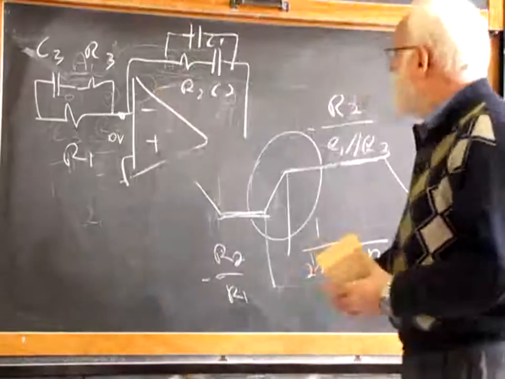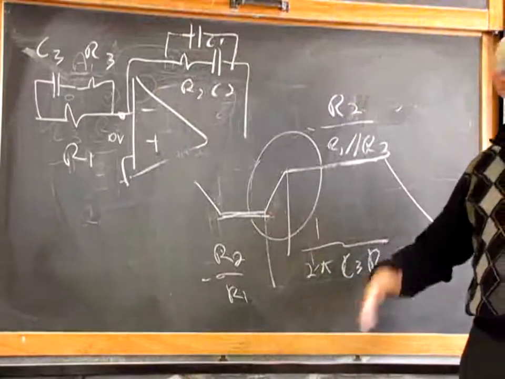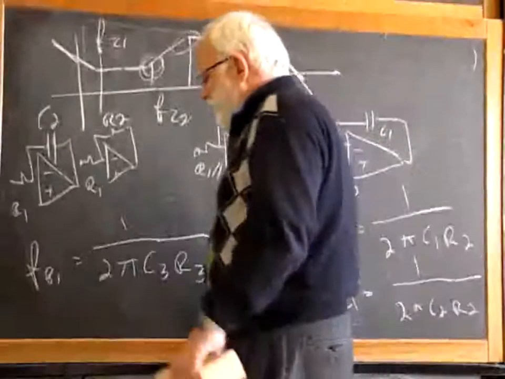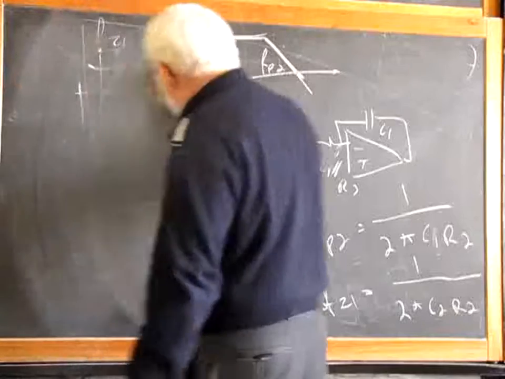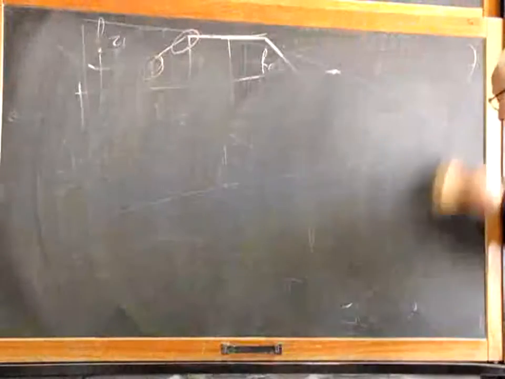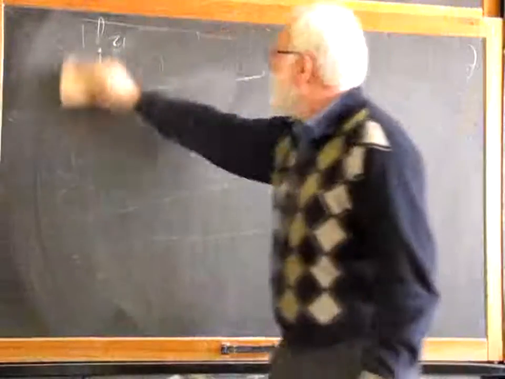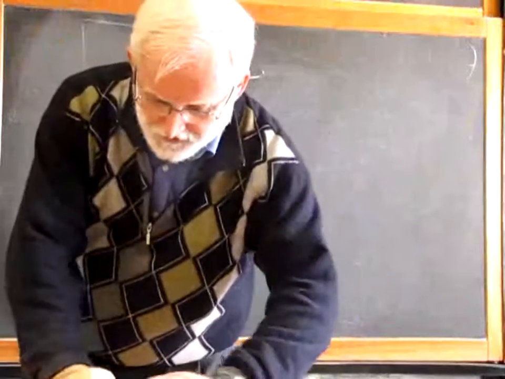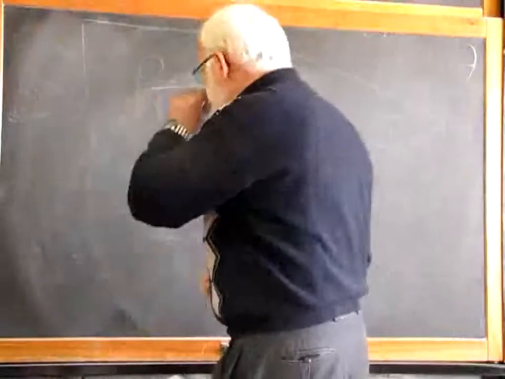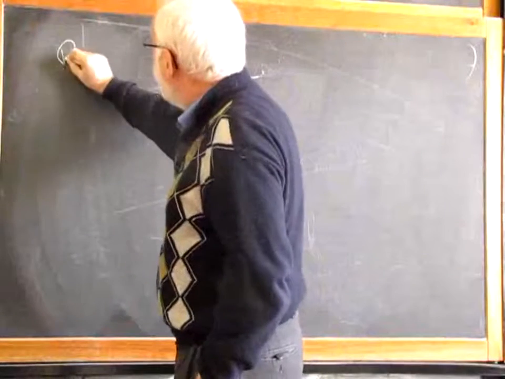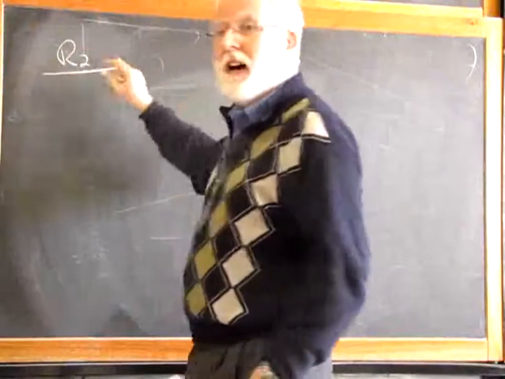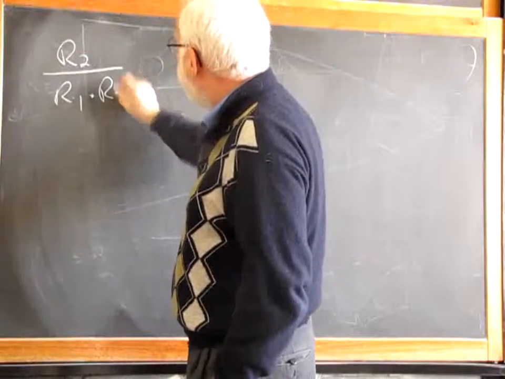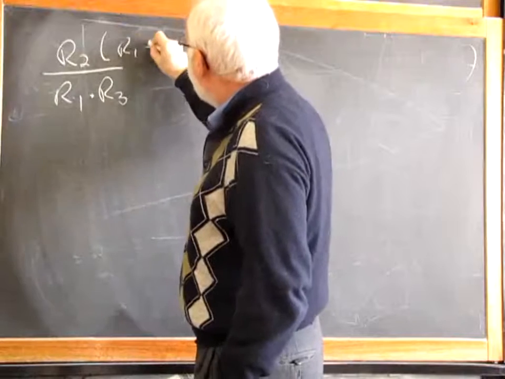And I just want to find out what's the expression for this zero, because it could be convenient when you make your design. It's not one extra degree of freedom. We have only 5 degrees of freedom, but this can be helpful to speed up your calculations. So, high gain, that is R2 divided by R1 parallel R3, that is R1 times R3 over R1 plus R3.